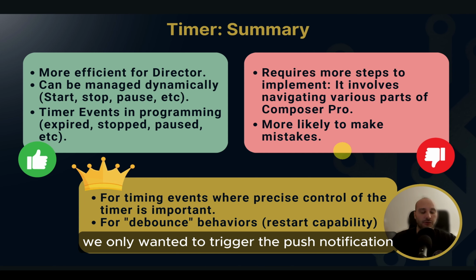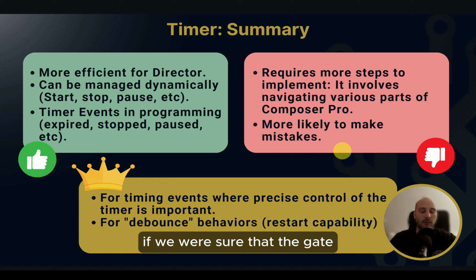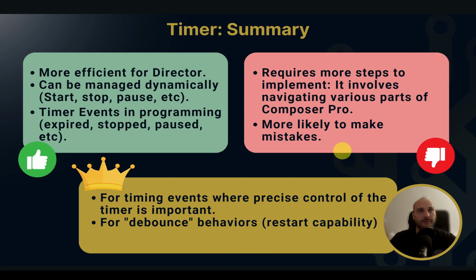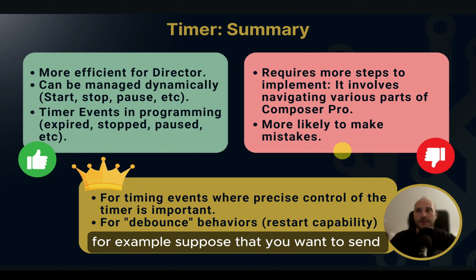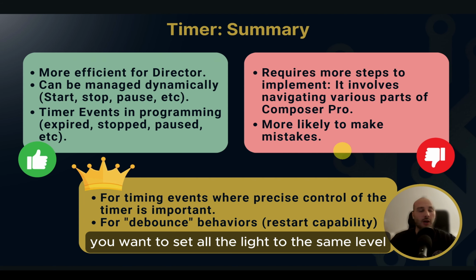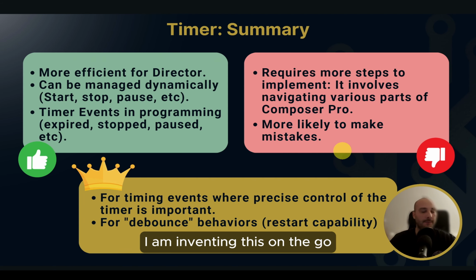We only wanted to trigger the push notification if we were sure that the gate was open for more than 30 minutes. Another thing we can do is, for example, suppose that after a lighting value change of a certain light, you want, 10 seconds after that, to set another light to the same level. I am inventing this on the go.